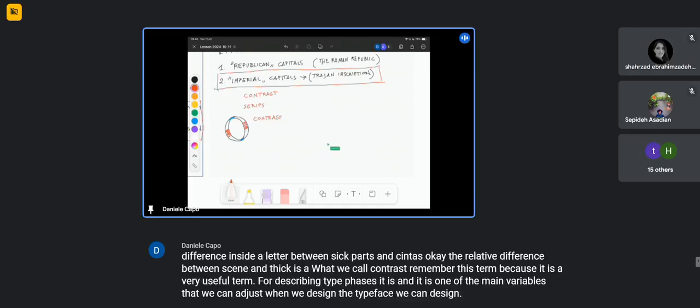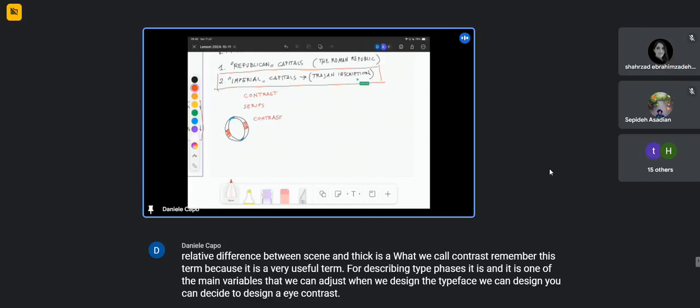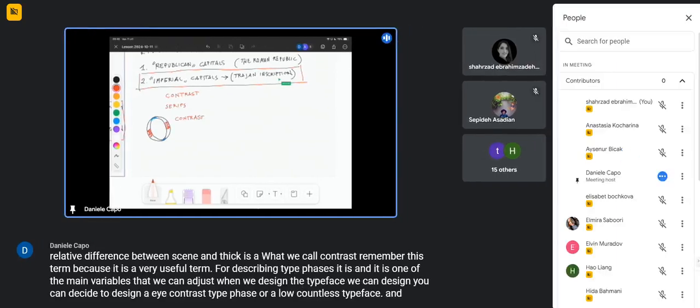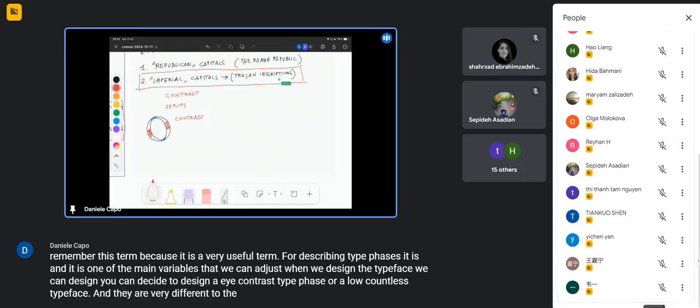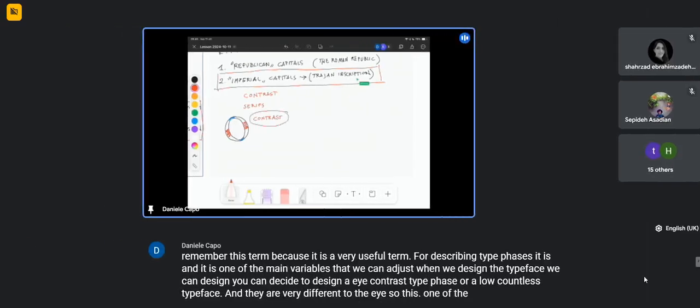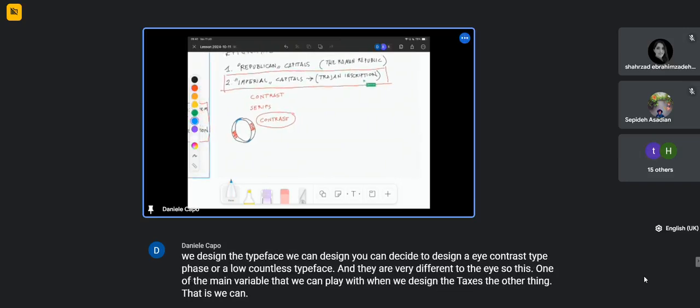We can decide to design a high contrast typeface or a low contrast typeface. And they are very different to the eye. So this is one of the main variables that we can play with when we design the typeface. Okay, I have to make a correction, otherwise it will not be trivial.